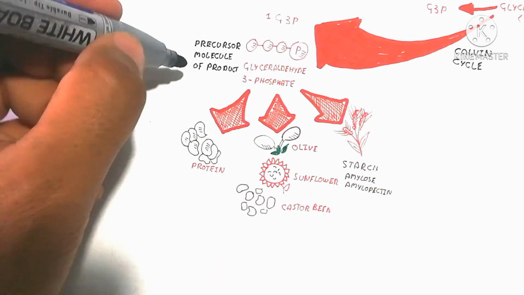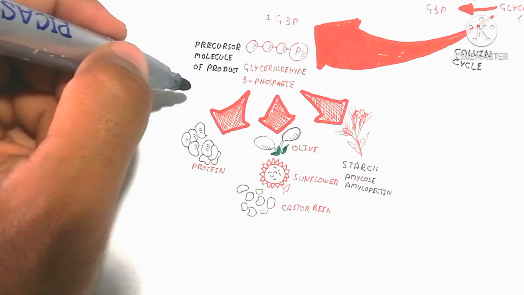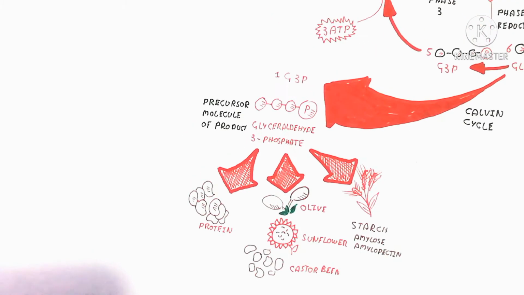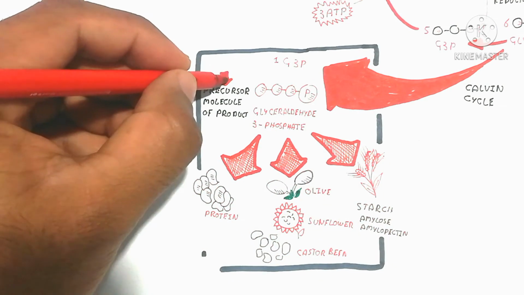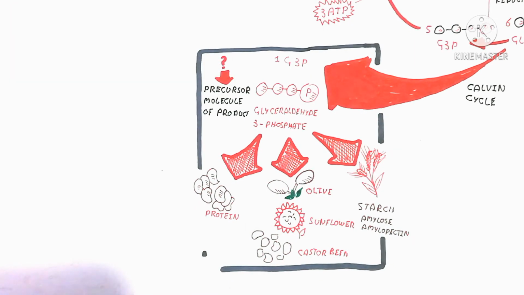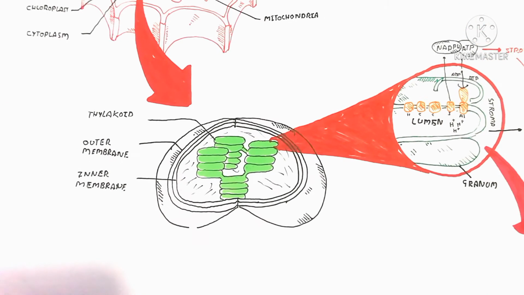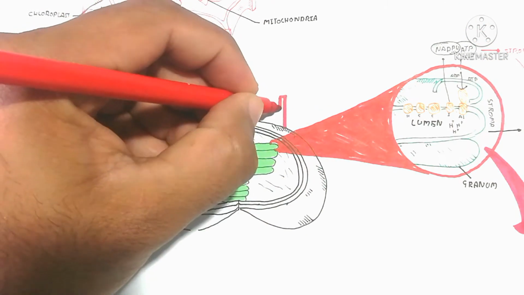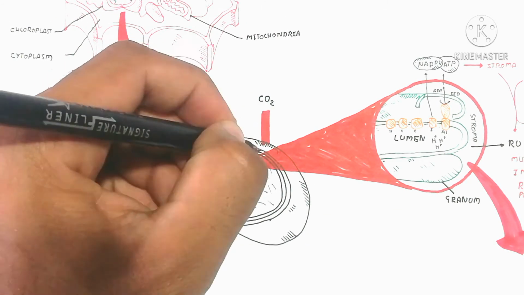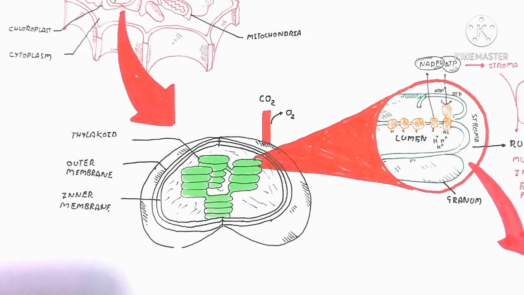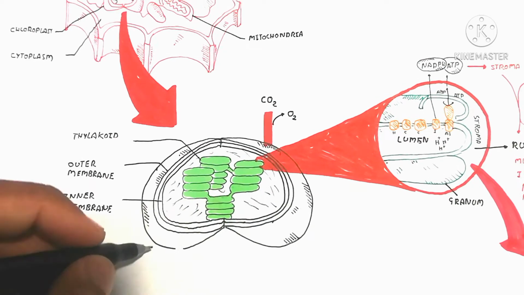On the other hand, grains like wheat store starch in the amyloplast. Amylose and amylopectin are the major components of starch. Here we will discuss just starch in the amyloplast. The rest of the two reactions we will discuss in the next video.